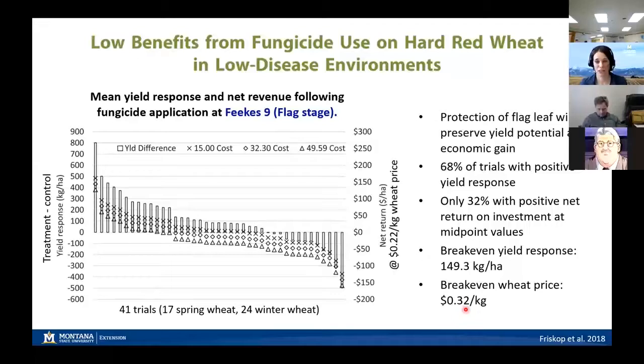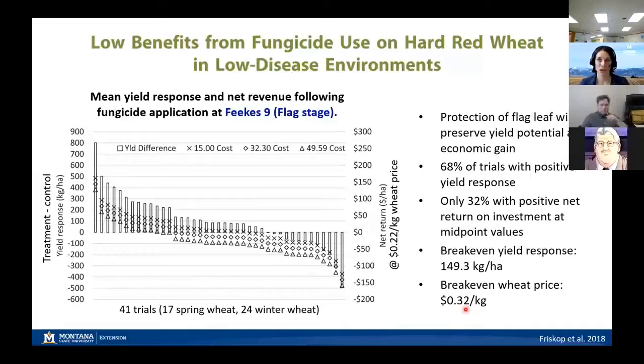And I think the situation here is that for one, when we apply fungicides at flag leaf stage, the application costs are higher. And the other thing is that, as I mentioned, all of these trials were conducted in low disease environments.